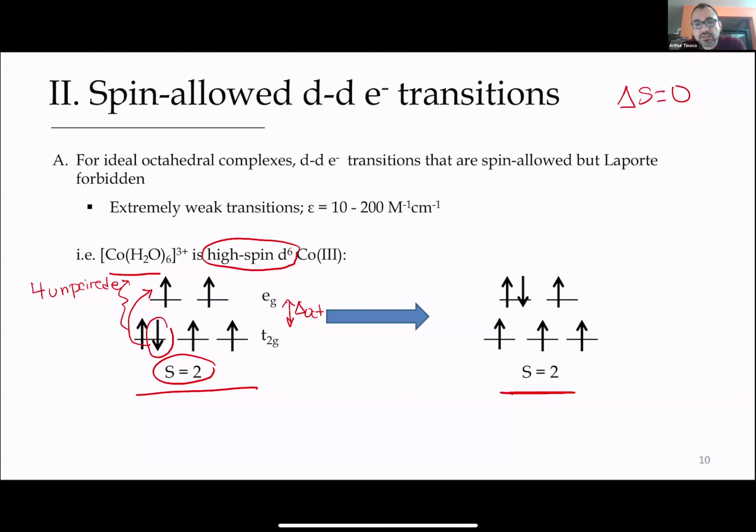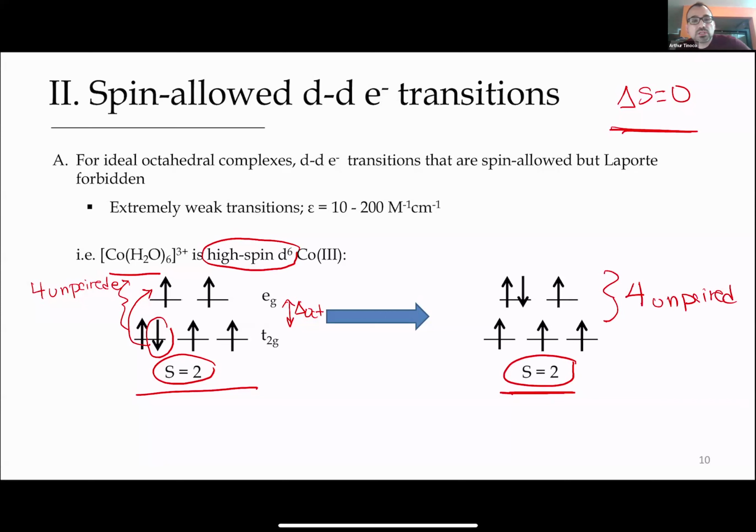So the system to the right, now you have that pairing now in the eg orbitals, and you still retain a total of 4 unpaired electrons. So because we have 4 unpaired electrons, our spin is going to be a value of 2. So we have a system here that after the electronic transition, you still retain the same spin. So there is no change of spin. Delta S is equal to 0.